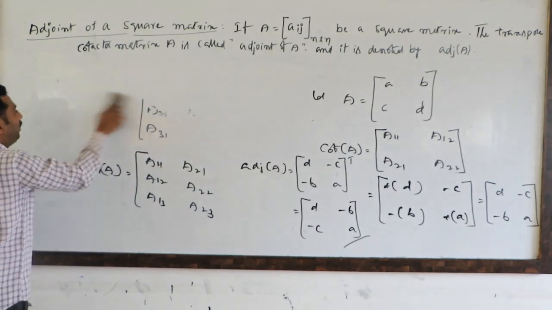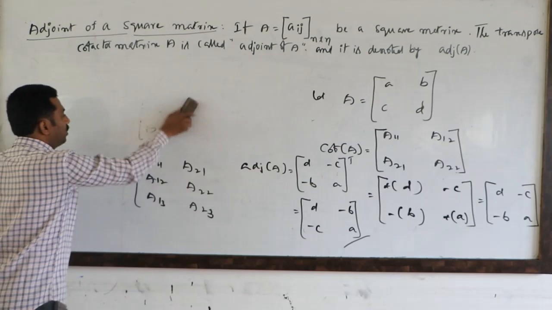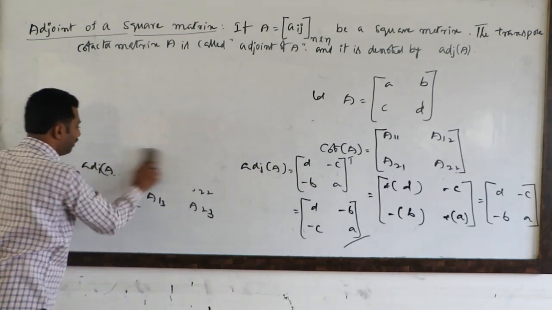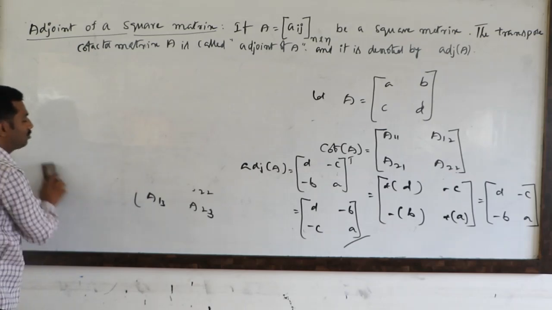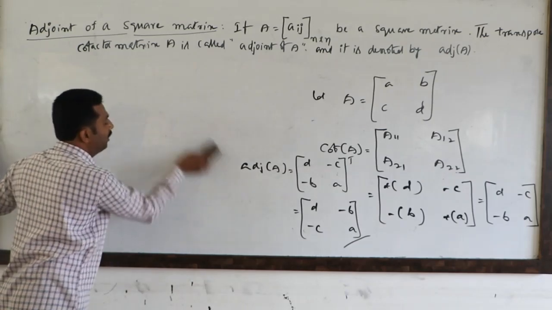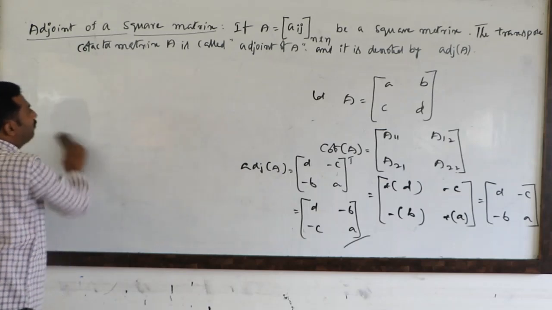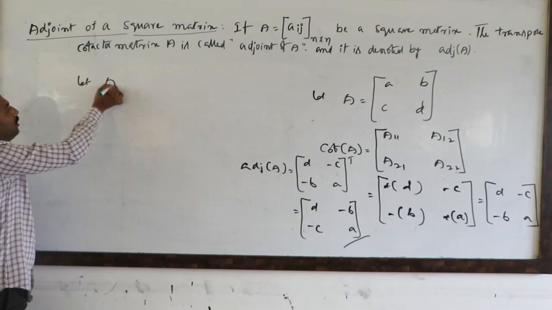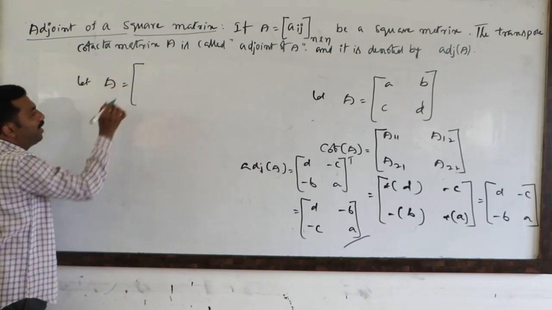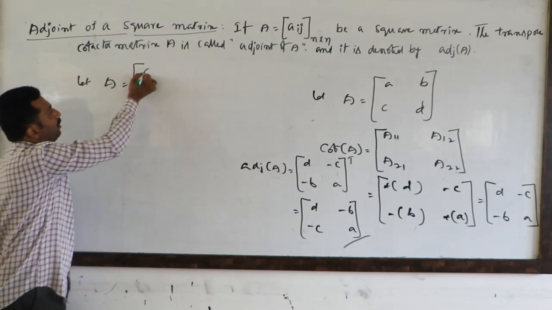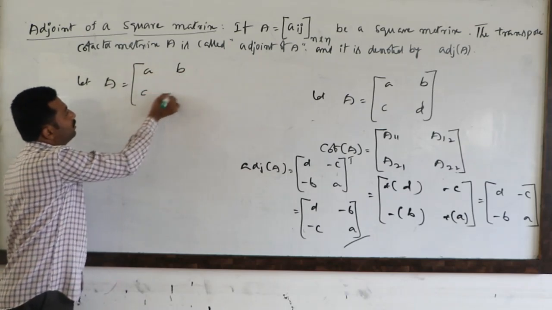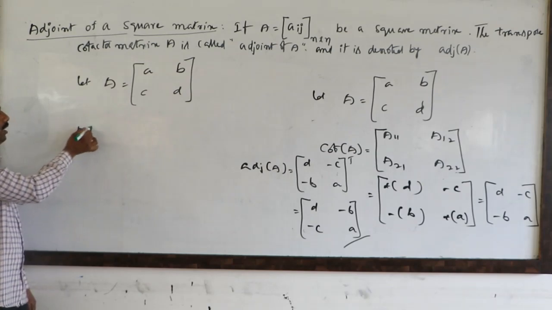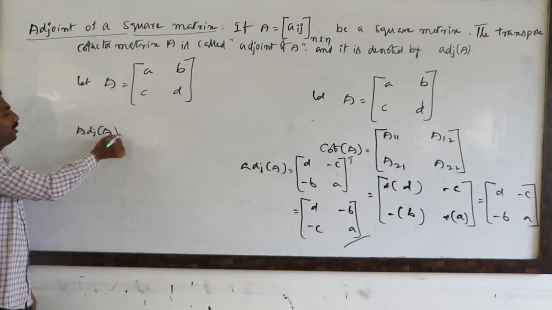While you are writing the adjoint of a 2 by 2 square matrix, you can also write it directly. How to write the direct answer? Whenever they give a 2 by 2 square matrix, how to calculate the adjoint of capital A directly? See here. Suppose A equals the same matrix, A, B, C, D. Then how to write the adjoint of A directly?